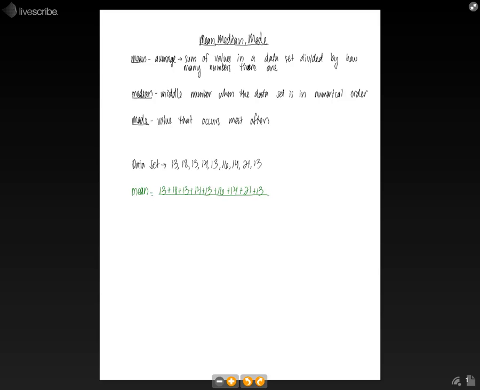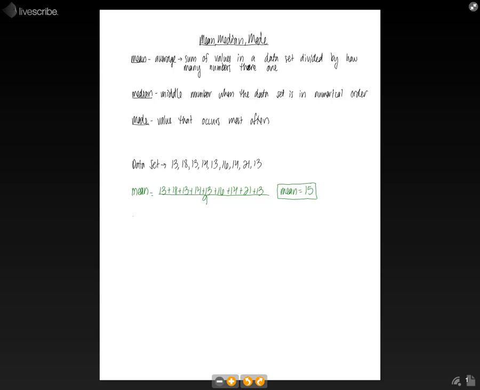We can see that we have a total of 9 values in our data set, so that's going to be our denominator. This gives us a mean of 15 when we work out the math. So again, it's just the sum of all the values divided by how many values are present.